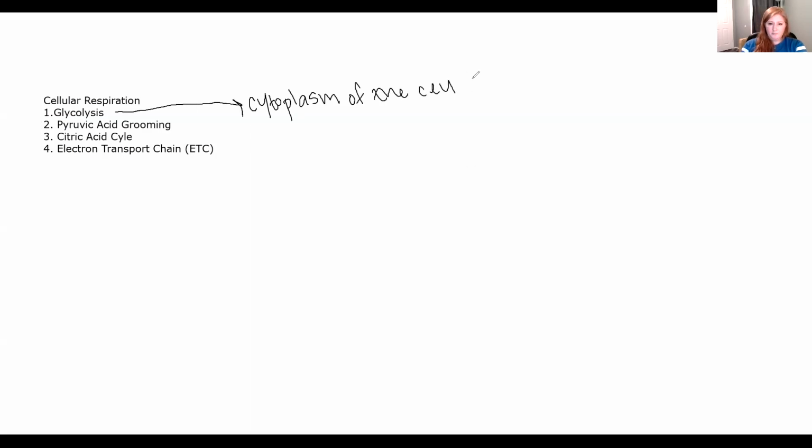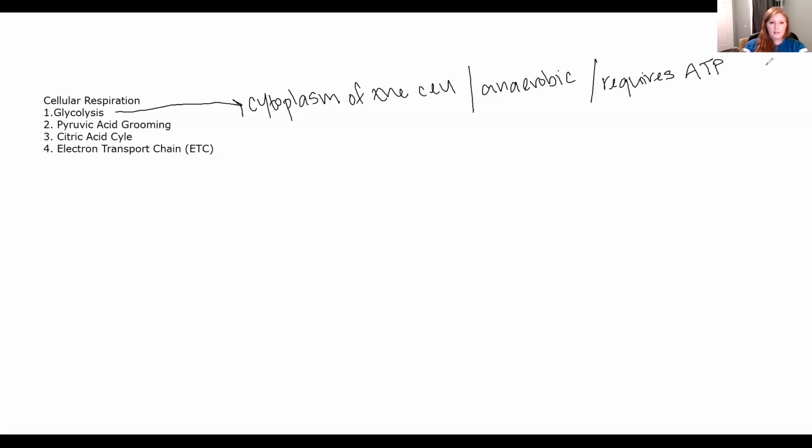And it is anaerobic, which means there's no oxygen required for this step of glycolysis. Interesting: it takes place in the cytoplasm, it's anaerobic, and this step actually requires ATP. So this step is going to require an energy input for the rest of the steps to happen.